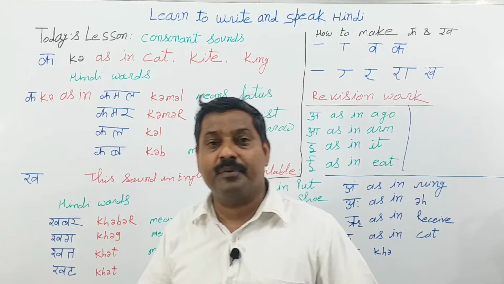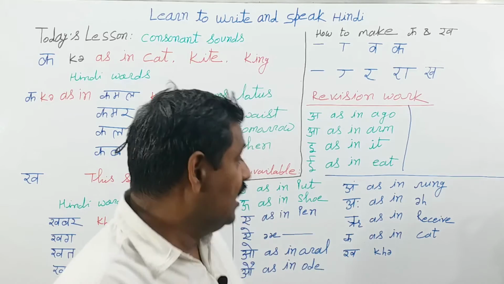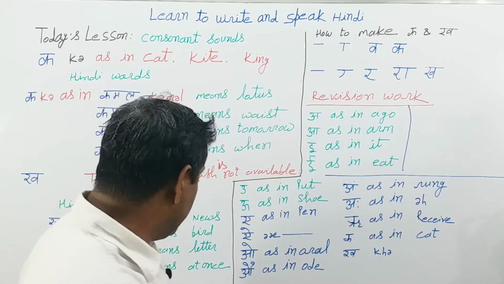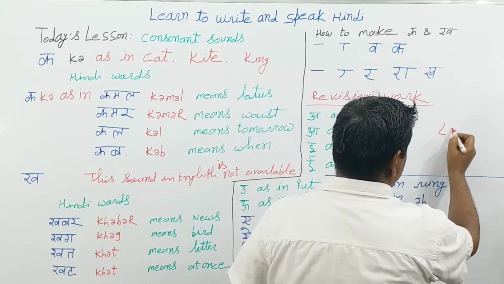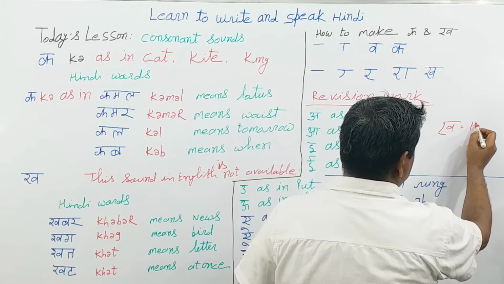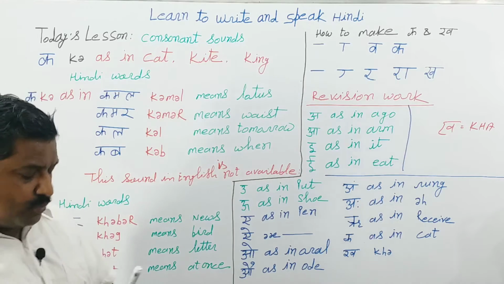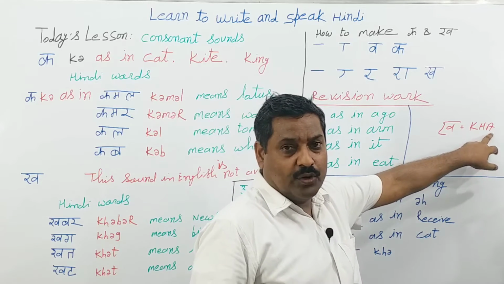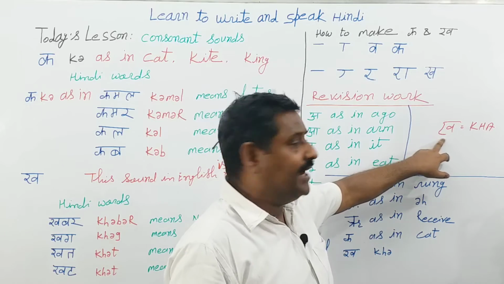Sometimes when we have to write the names of Indian people like Khushi Ram or Khayali Ram, we write kha. In Hindi we write this symbol, and in English we write this spelling.